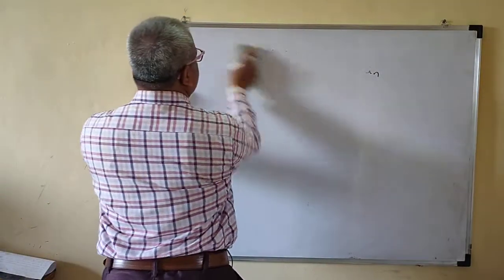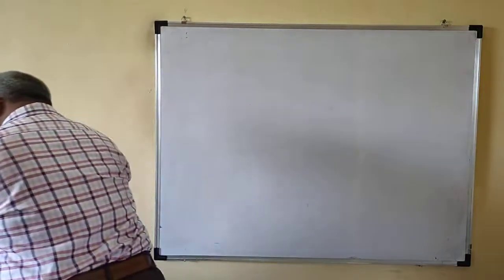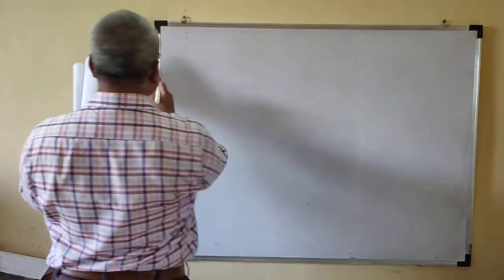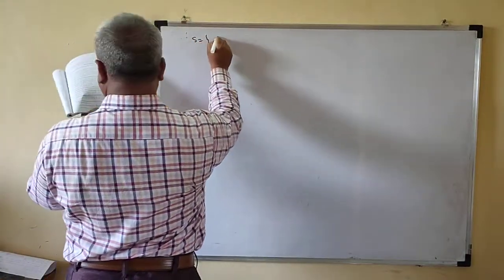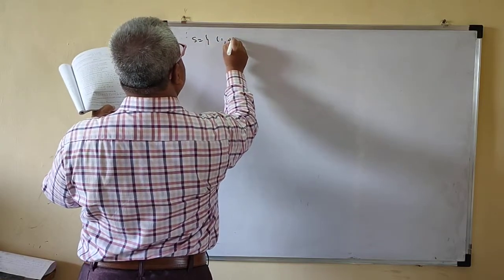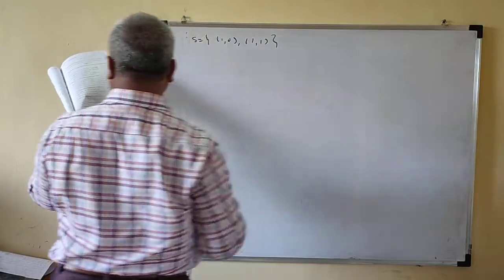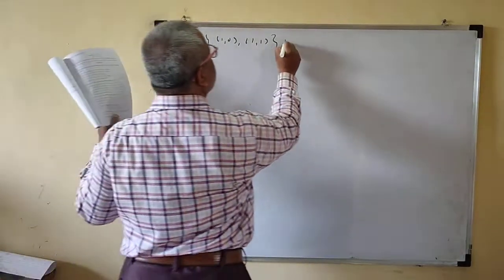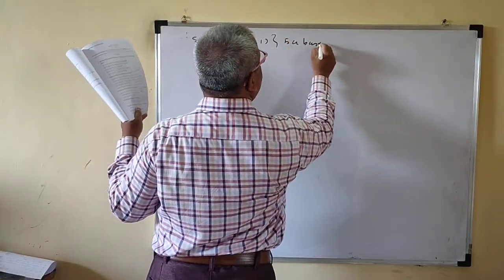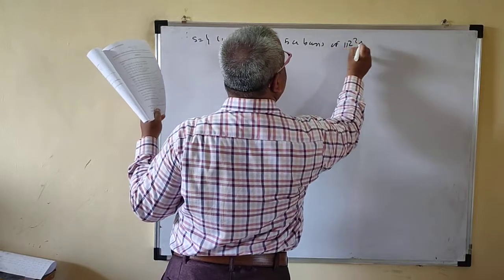Which of the following is correct? Suppose S is equal to (1, 0), (1, 1). It's a basis of R2.